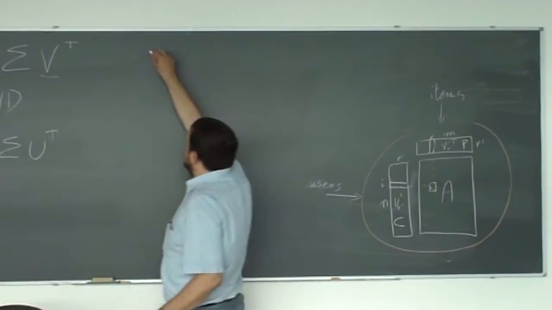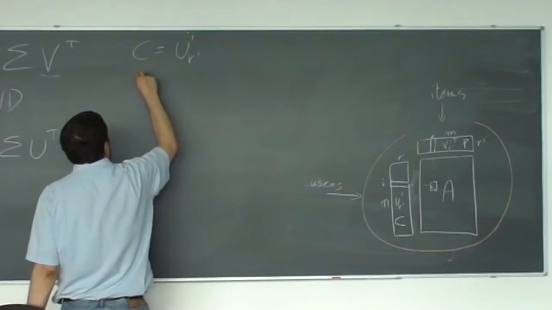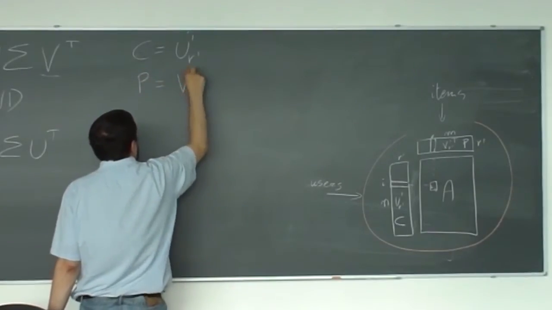Okay, so let's rename: C is U prime R prime, and P is V prime R prime.